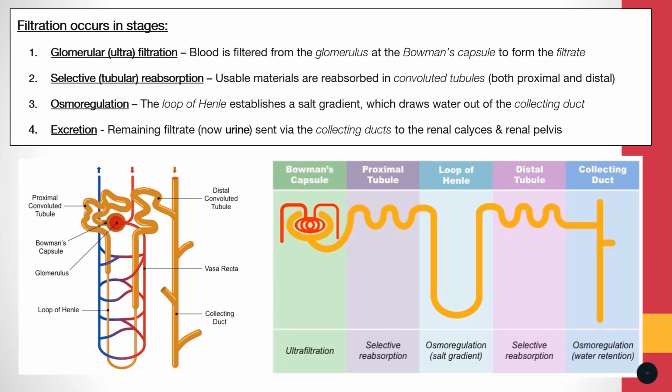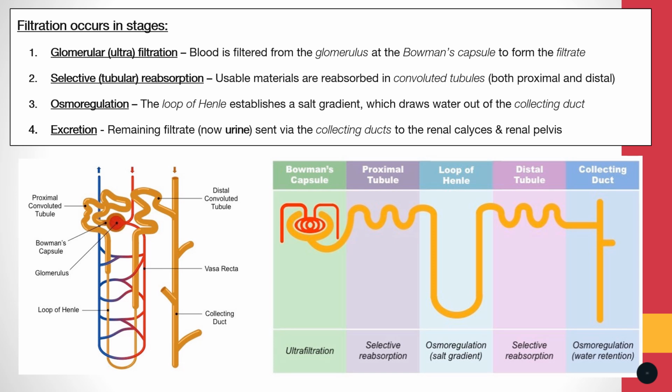Then you're going to have the process of osmoregulation. In the loop of Henle, this little loop, its purpose is to establish the salt gradient. So it's going to decide how much sodium we hold on to or let go of. And then because water always follows salt, by establishing that salt gradient, we're also going to draw water out of the collecting duct, depending on how much water we want to remove or add into the system.